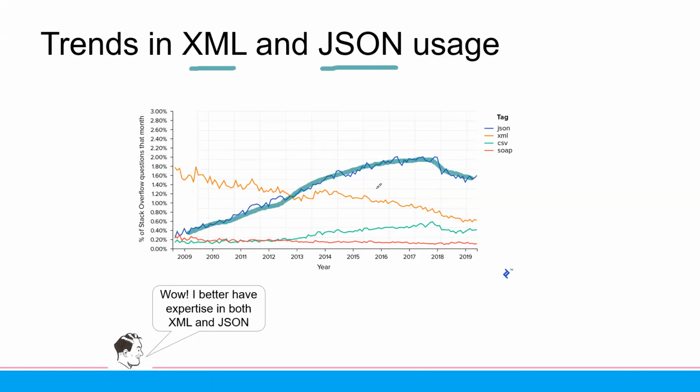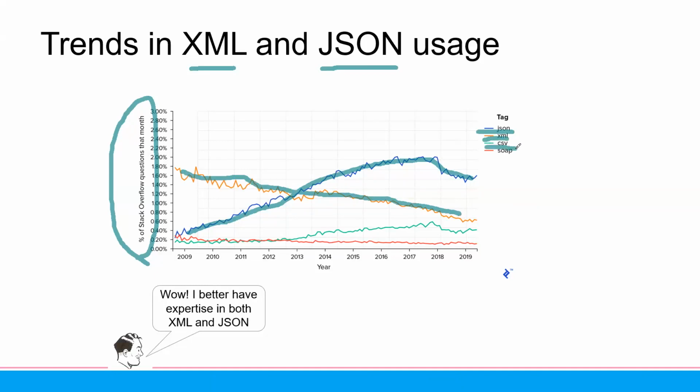We can see the trend, and this is based on questions on Stack Overflow. If you are a programmer, you will know what Stack Overflow is, and many people give questions and answers. Based on the statistics, the questions related to JSON are increasing. The questions related to XML are decreasing. So people try to learn more about JSON.